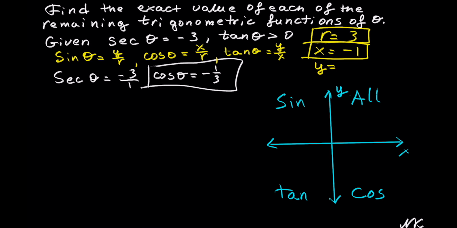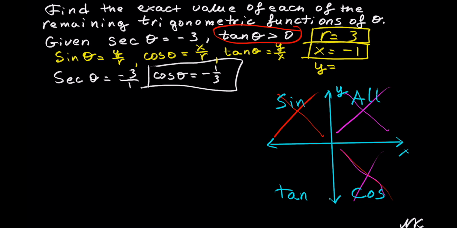So we know that secant and cosine are negative, so the angle theta cannot be in the first quadrant because everything is positive there, and it cannot be in the fourth quadrant because cosine and its reciprocal are positive here. We also know that tangent of theta is greater than 0, so tangent is positive, which means it cannot be in the second quadrant because only sine and its reciprocal is positive there.